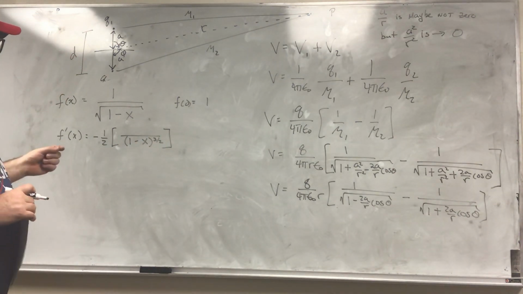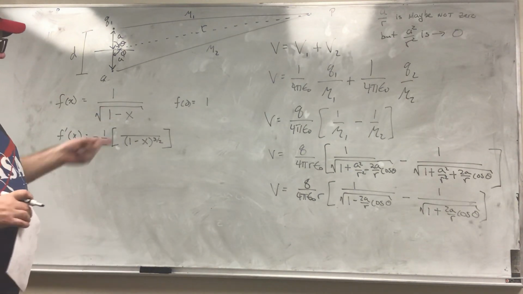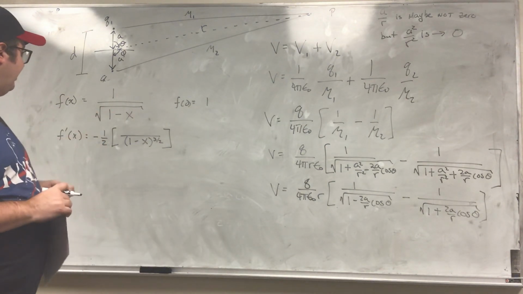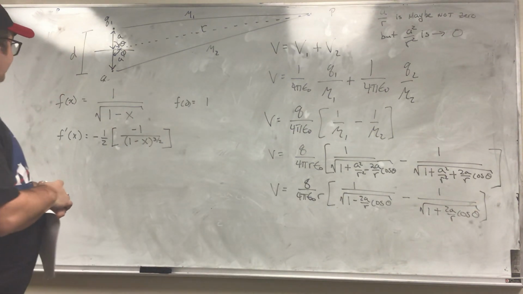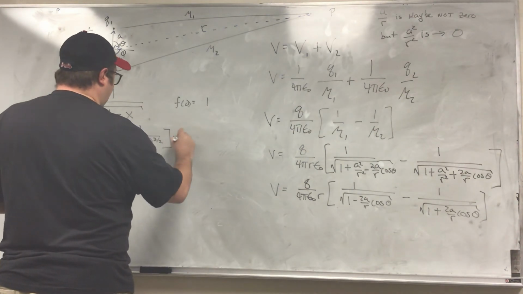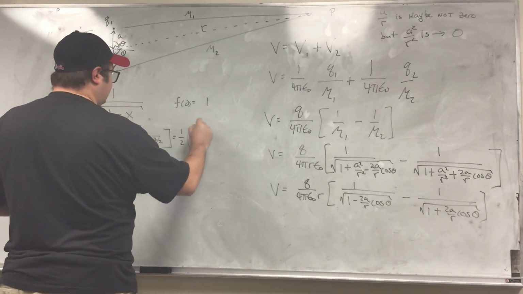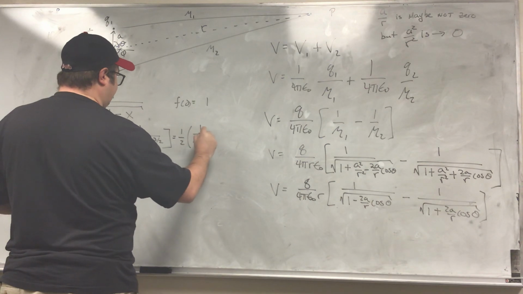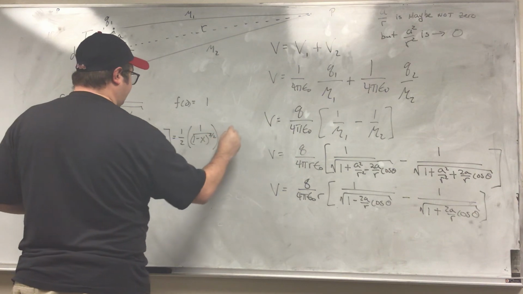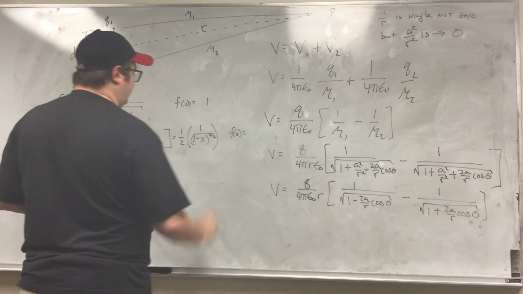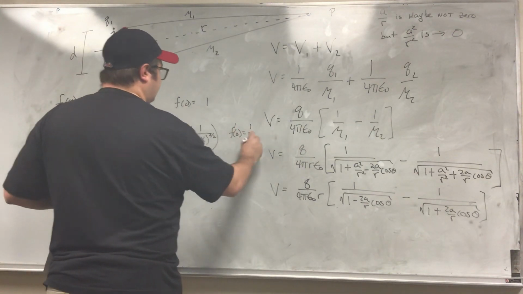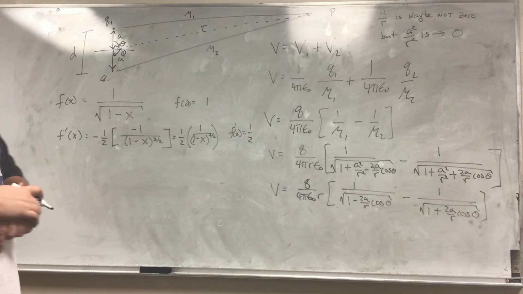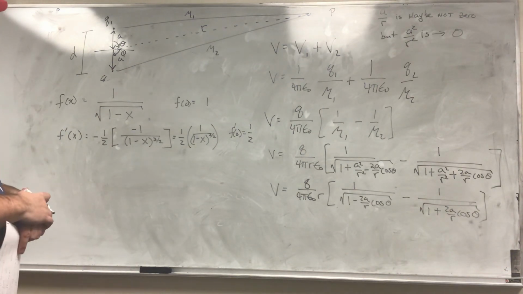And then in the top, I have to do the chain rule, do that derivative there, I'm going to get a minus 1. So this becomes equal to 1/2 times 1 over 1 minus x to the 3/2, right? And so f prime of 0 is simply just going to be 1/2. All right, let's keep going.